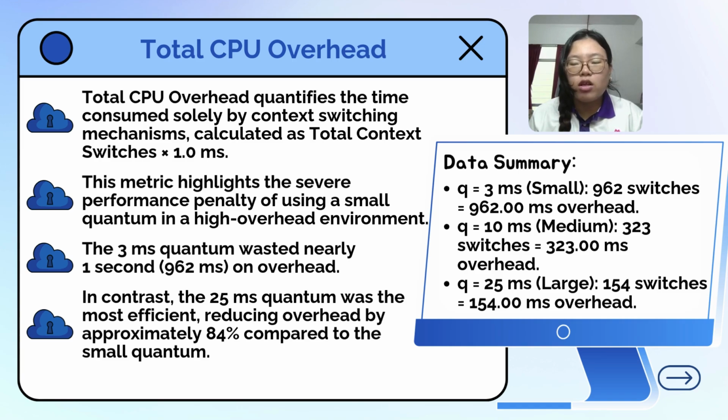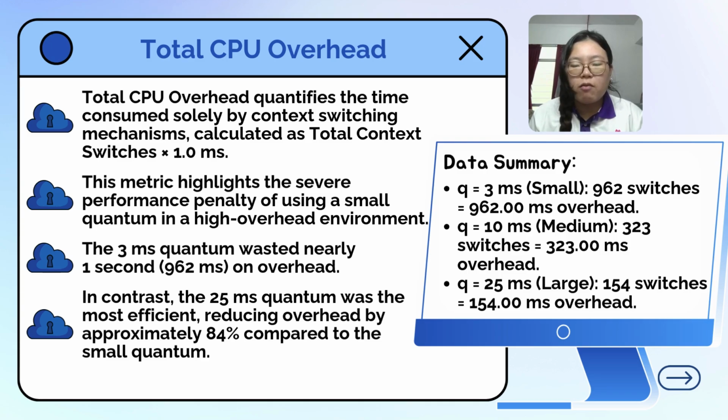At the smallest quantum of 3 milliseconds, the system performed 962 context switches, wasting nearly a full second, specifically 962 milliseconds, just on overhead. However, as we increase the quantum size, efficiency improved dramatically.